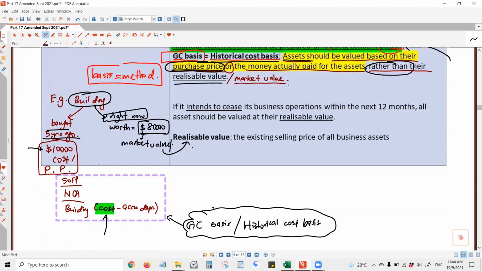This going concern basis tells you that if you wish to continue to run your business, you should not measure the building at market value in your SOFP. You should not put 80,000 in your SOFP for the building, because you don't intend to close down your business. You must still measure it at cost, which is the 10,000. As simple as that. That's going concern basis. You have to retain the 10,000 that you present in your SOFP. You must not show 80,000. That's what going concern basis tells you.